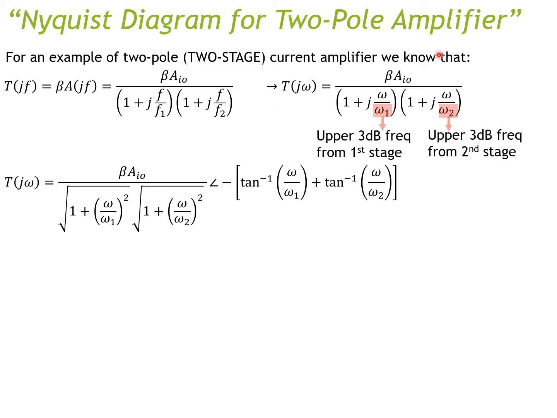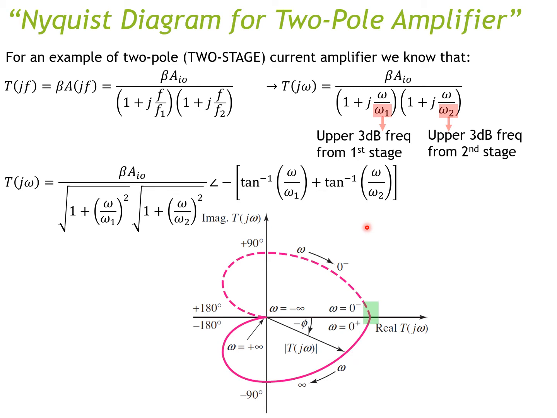So if I have this complex transfer function, I can write it down in terms of magnitude and phase. You can go back to the previous lecture to see, but basically this is the simplified form of magnitude and phase. So if I plot out magnitude and phase in a polar plot, I can have this, and let's go through this together.